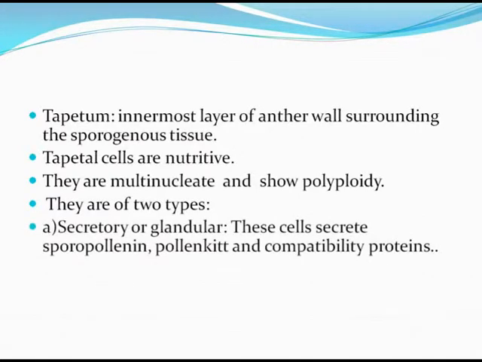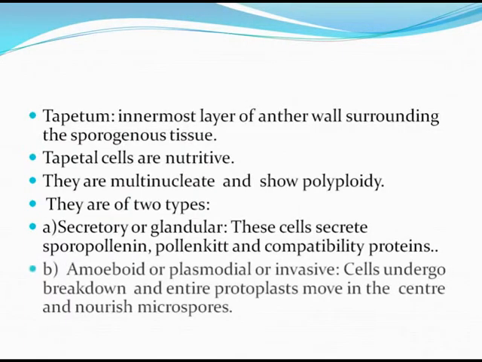The secretory or glandular type: these cells secrete sporopollenin, pollen kit, and compatibility proteins. The amoeboid or plasmodial or invasive type: herein the cells undergo breakdown and the entire protoplasm moves to the center and nourishes the microspores.